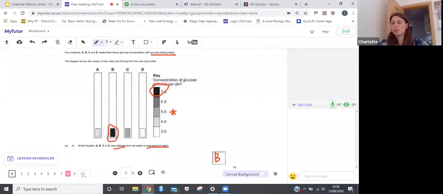Okay, lots of comments on this question, so let's talk them through. So you could say that it is D because he could be really hungry. But if he's eaten a large piece of cake, insulin is generally a very quick response, or fairly quick. So there would be a fairly quick release of glucose into the blood and none taken up.